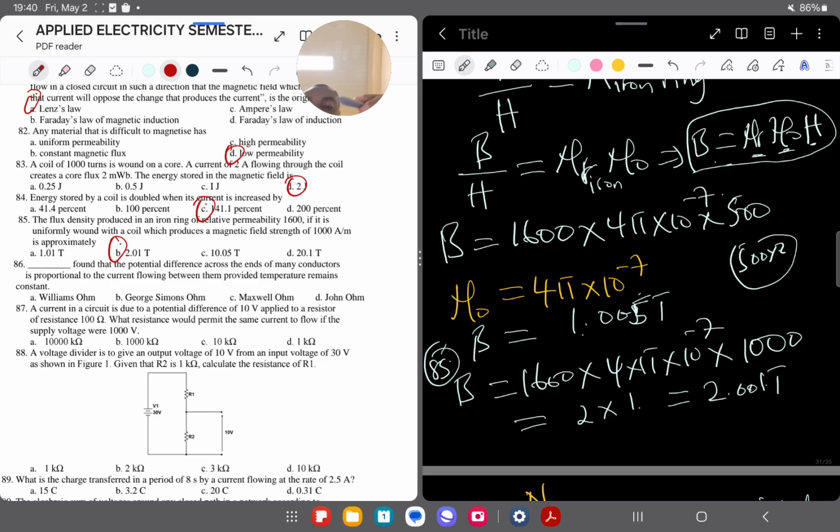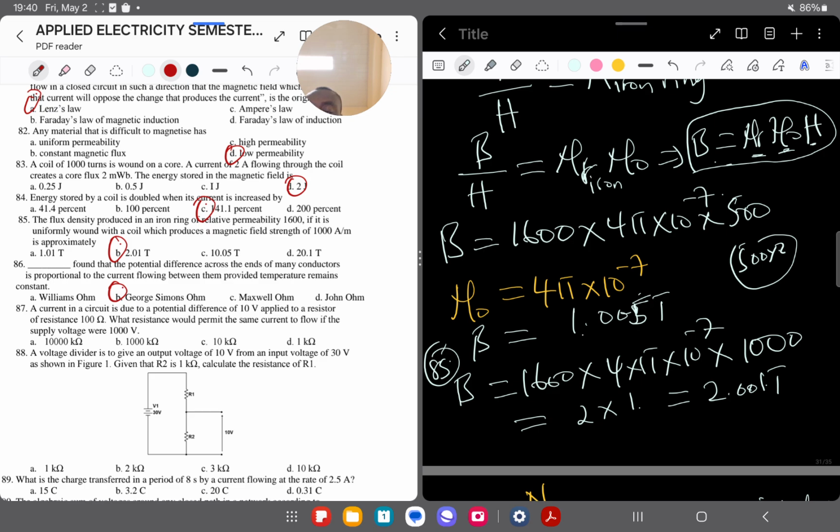So you can see that is Ohm, and the full name is George Simon Ohm. So it's B.